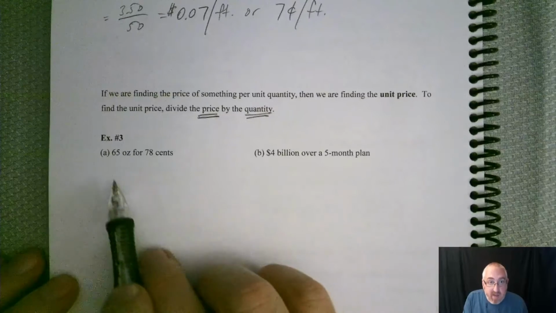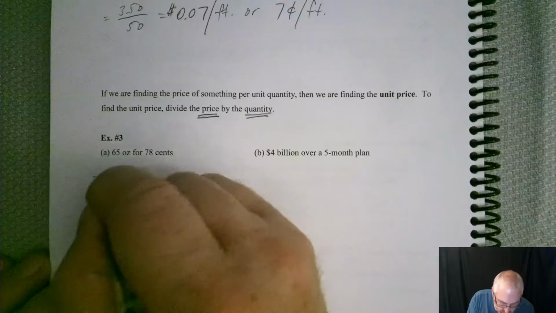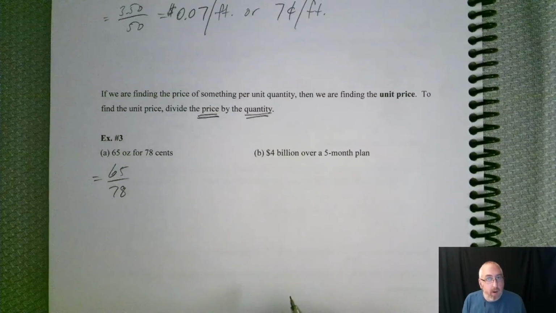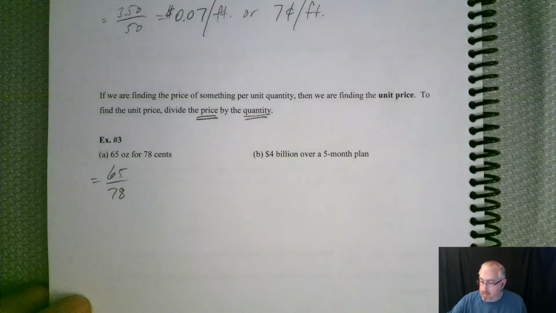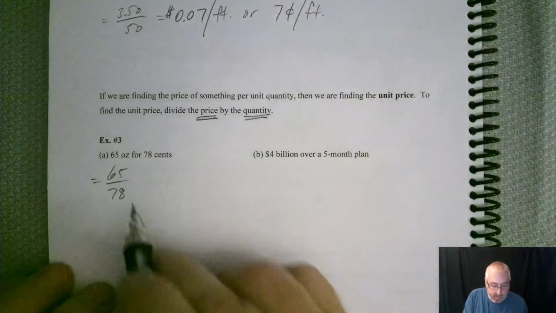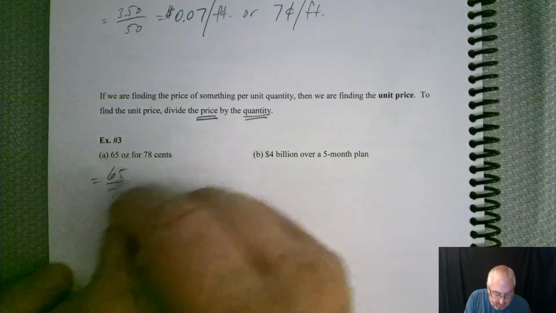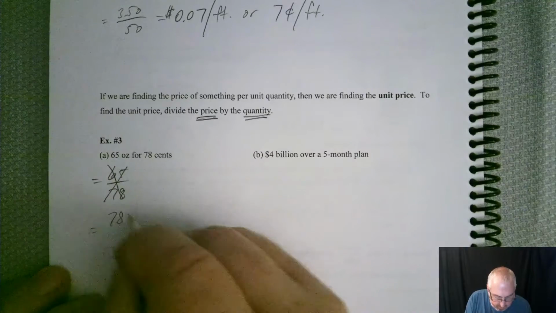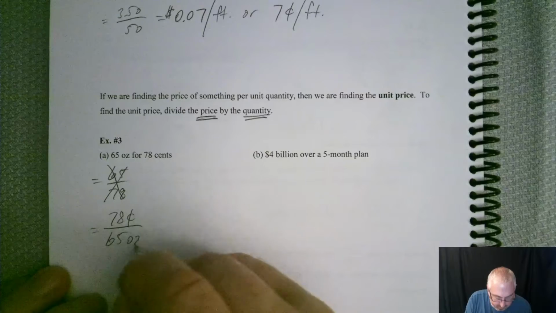If we got 65 ounces for 78 cents, well, so 65 over 78, right? Something's fishy here, because we got ounces first and cents second. So this is actually backwards. So we want the money on top and the ounces on the bottom.